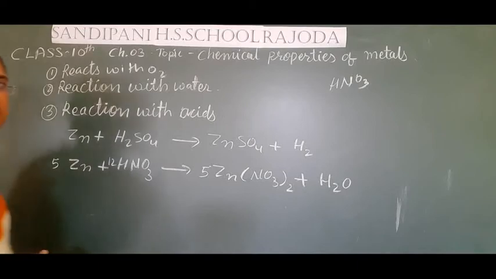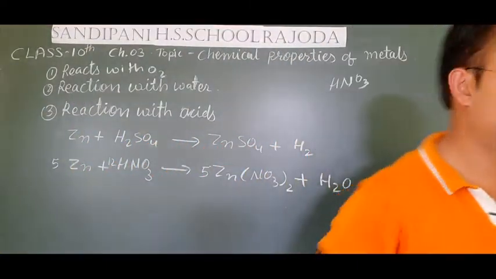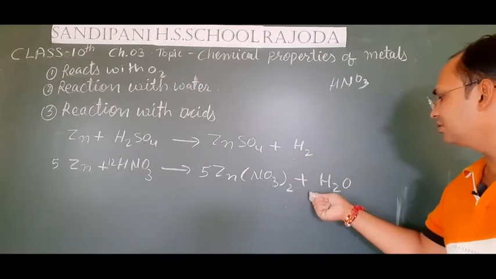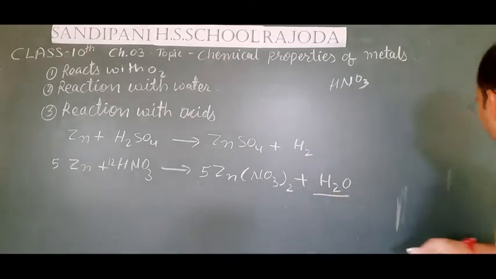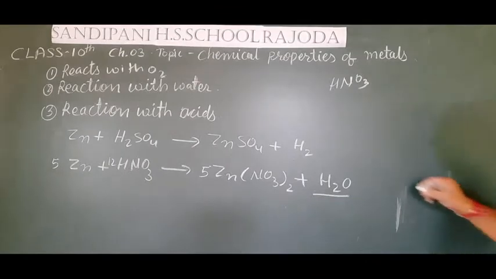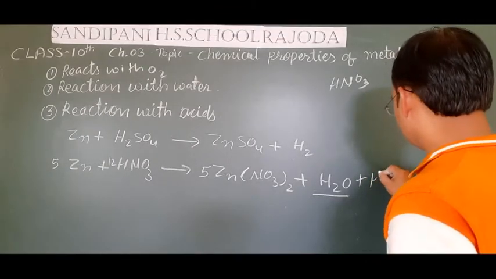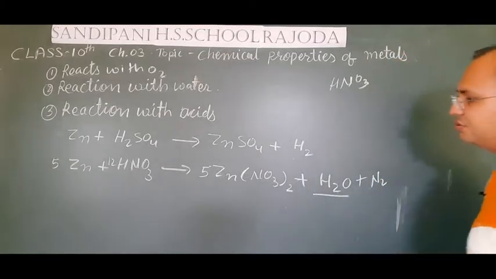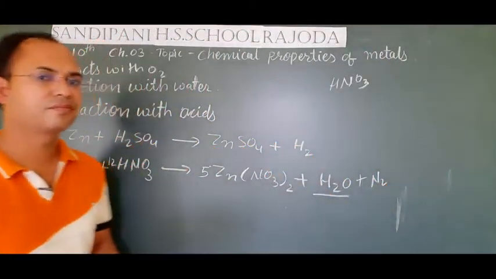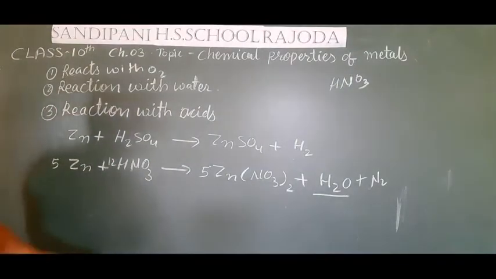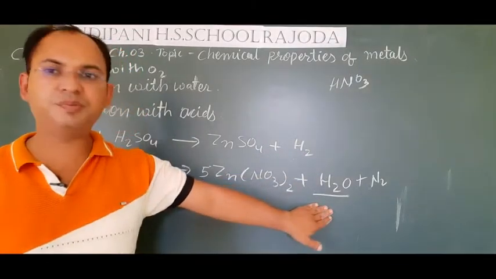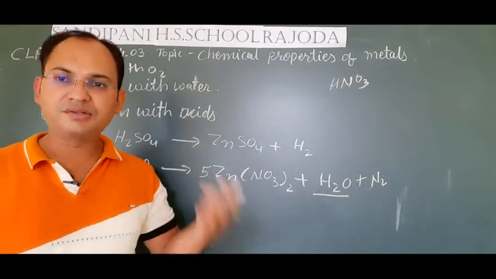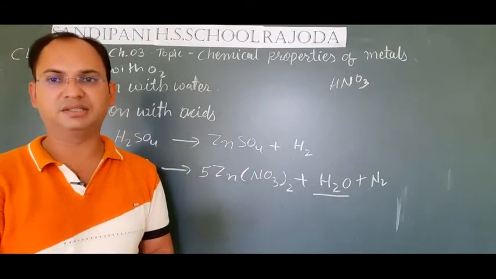So in this reaction, you see, students, that instead of production of the hydrogen, production of the water is taking place along with the production of nitrogen gas also. Nitrogen gas is also released. Hydrogen gas is not produced in this reaction. The reason behind this is the strong oxidizing property of nitric acid.